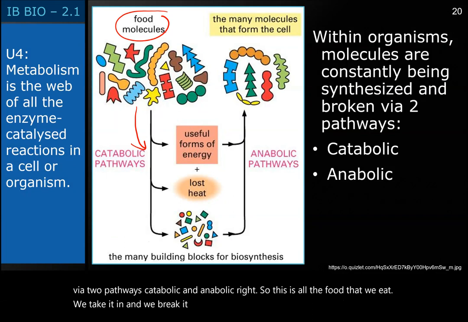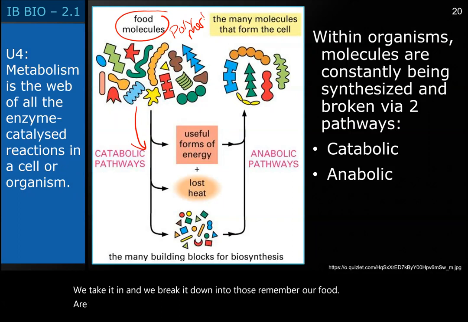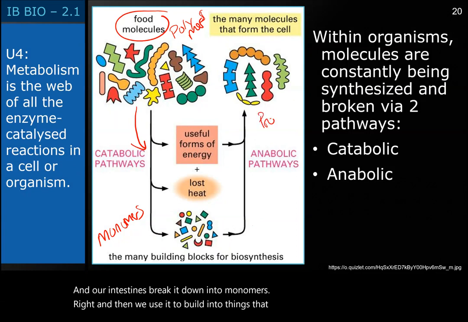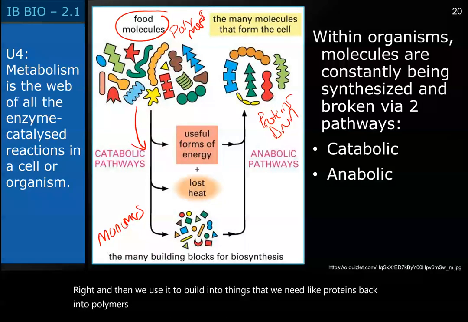Remember, our food are polymers, and our intestines break it down into monomers, right? And then we use it to build things that we need, like proteins, back into polymers, right? Proteins, DNA, these are all polymers.